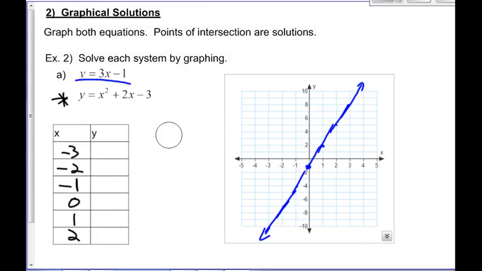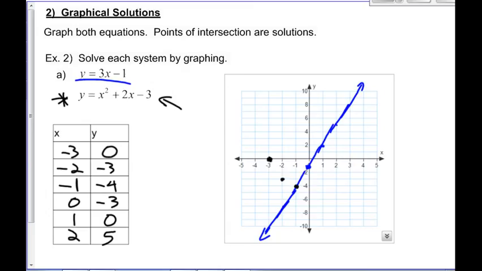Okay. Now I'm going to substitute those values into this. So -3 squared is 9, plus 2 times -3 is -6, minus 3, that's 0. And we can go through the rest of these. I'm just going to write them in. You can check the substitution pretty easily. So just plugging that into the equation and finding some points. So point -3, 0, -2, -3, -1, -4.